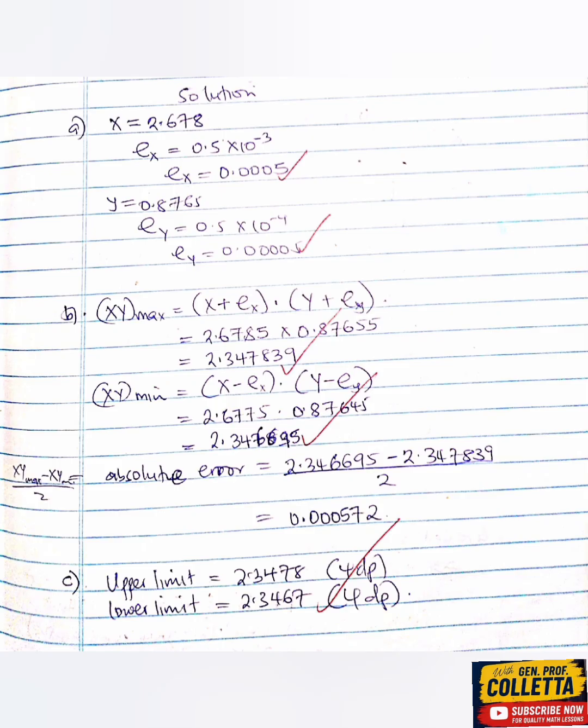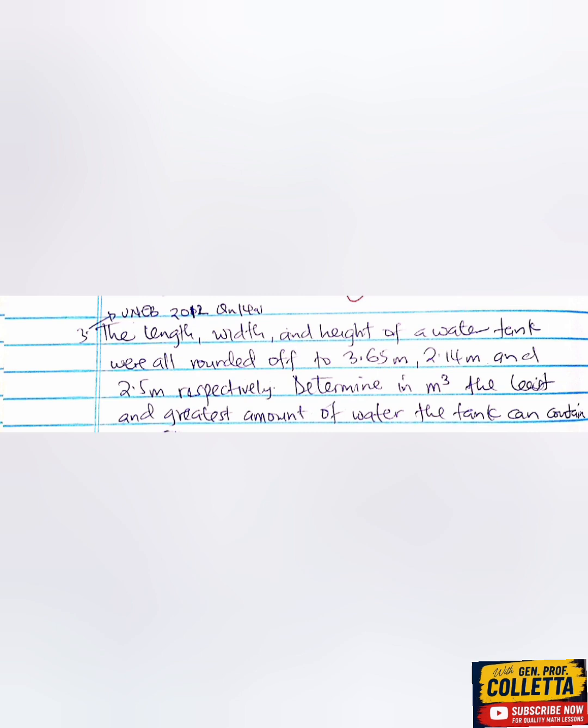Please don't cheat yourself. You first try out, then you pause, then you watch. You write down the question, then the answers later on. So that is the first question. You can copy. The length, width and height of a water tank were all rounded off to 3.65 meters, 2.15 meters and 2.5 meters respectively.